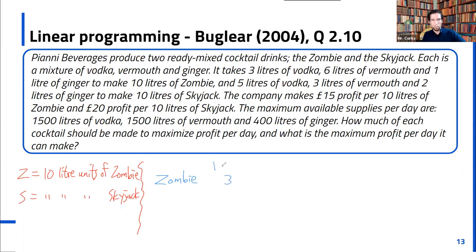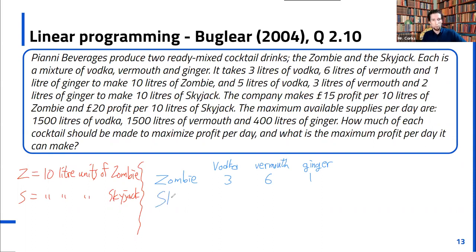All right, so 3 units of vodka, 6 liters of vermouth, and then 1 liter of ginger, I guess ginger-flavored drink. I'm not really a fancy drink connoisseur, so I'm not exactly sure, but the person who made this problem, I guess they are.